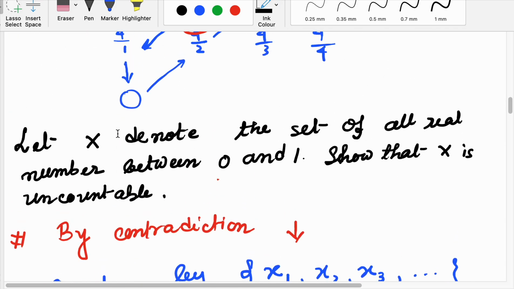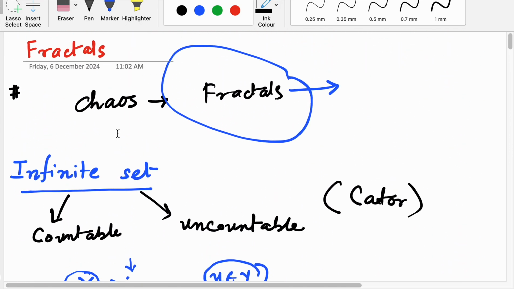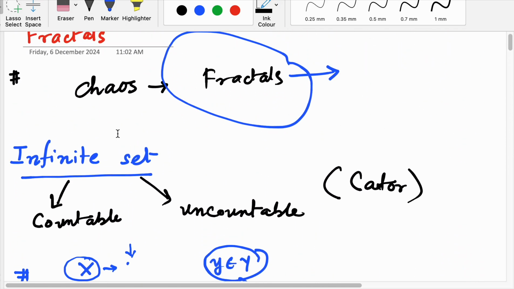We have seen the definition of fractals and why fractals are important, and we discussed that fractals are very common in nature, from clouds and mountains to our kitchen, that is, broccoli is also a kind of structure which can be categorized as fractals.